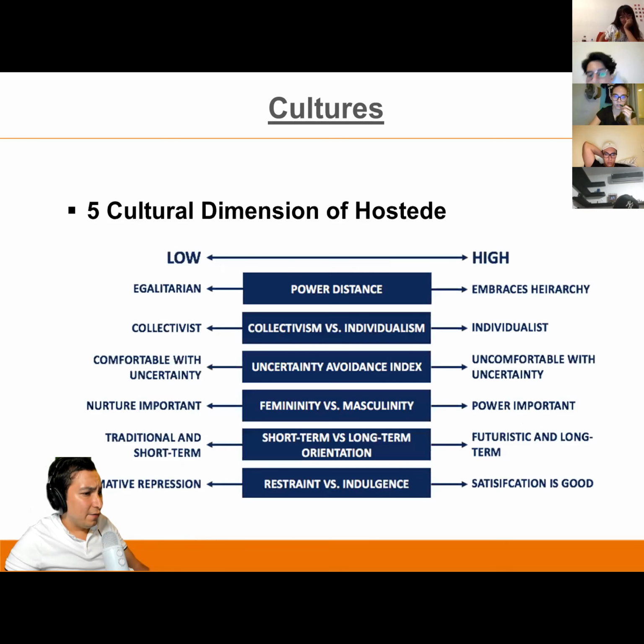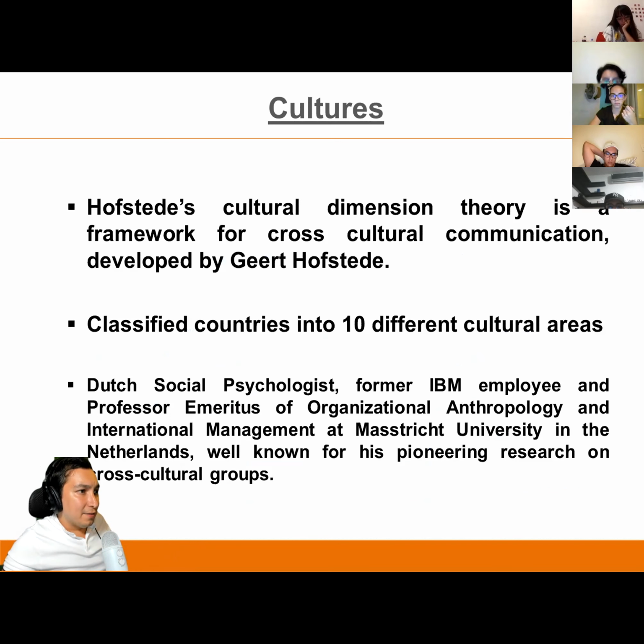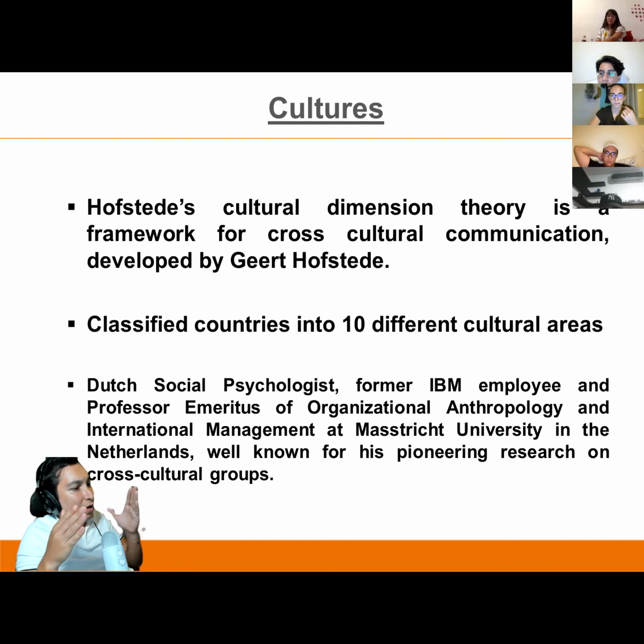Let's do the final exercise about the culture, then the next class. Hofstede established a cultural framework to establish how the culture that you are entering works.